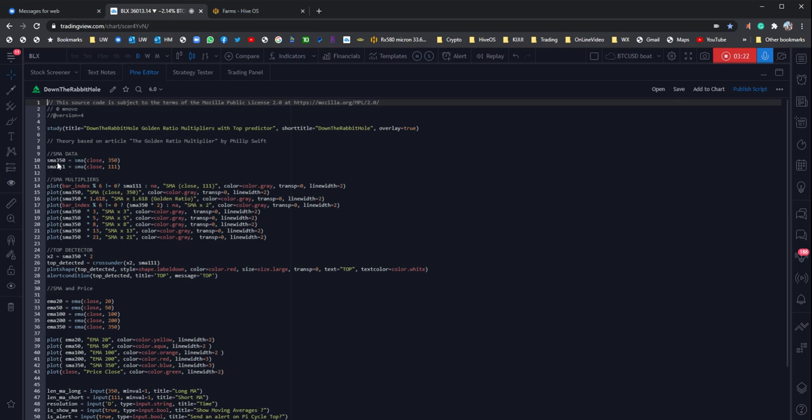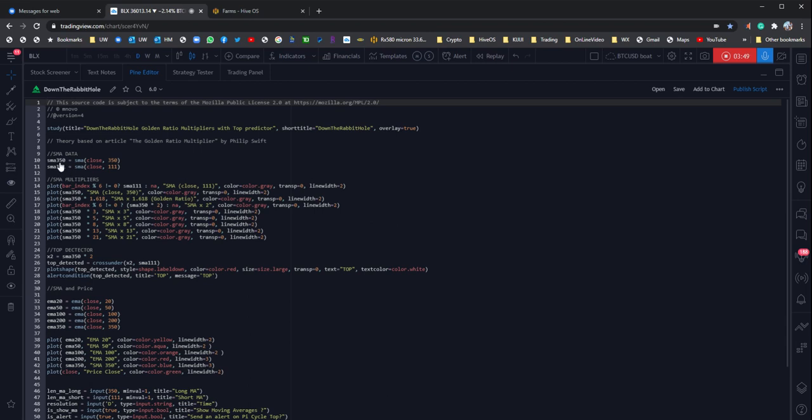And if you take 350 days divided by 111, I believe that's the closest you can get to pi, 3.14. But these two SMAs are not the two lines that are showing on the chart, because if that were the case, the 111 would be above the 350 all the time.